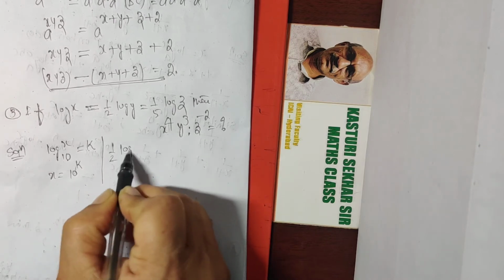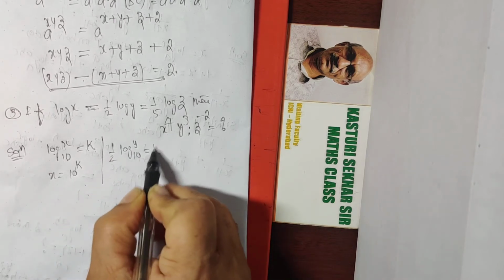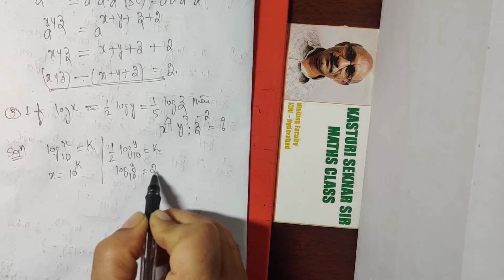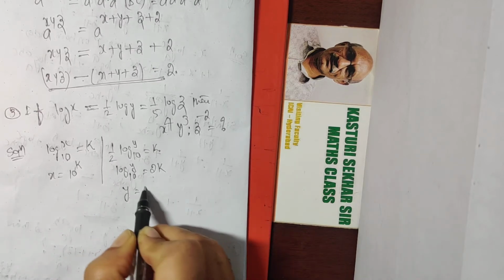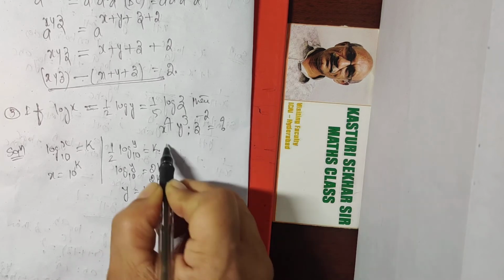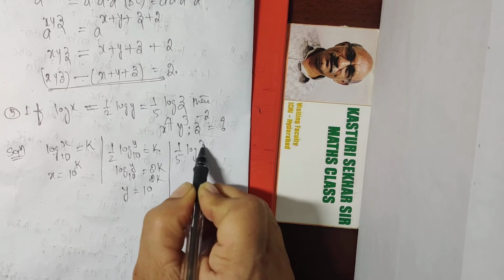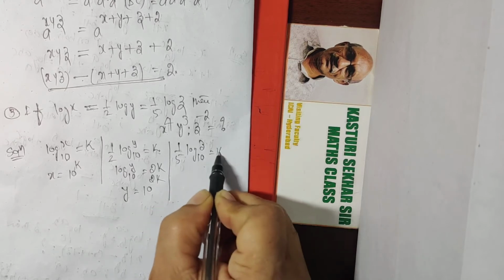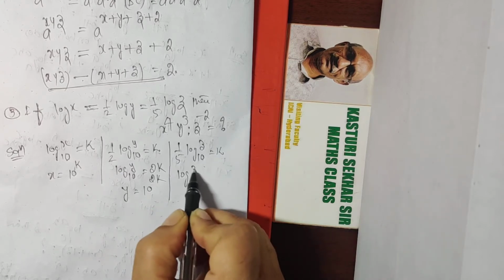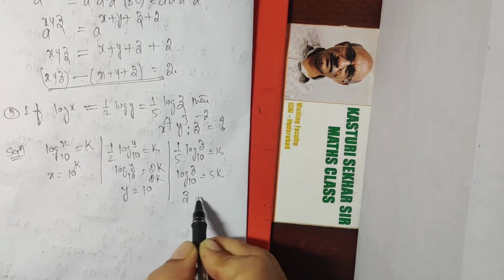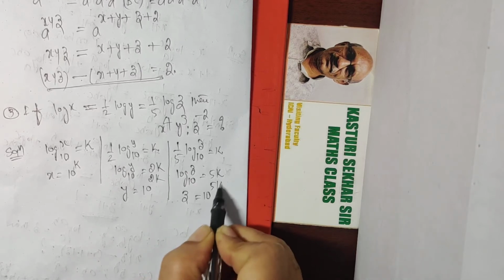1 by 2 into log y to the base 10 is equal to k. Log y to the base 10 is equal to 2k. Y is equal to 10 power 2k. 1 by 5 into log z to the base 10 is equal to k. Log z to the base 10 is equal to 5k. Z is equal to 10 to the power of 5k.